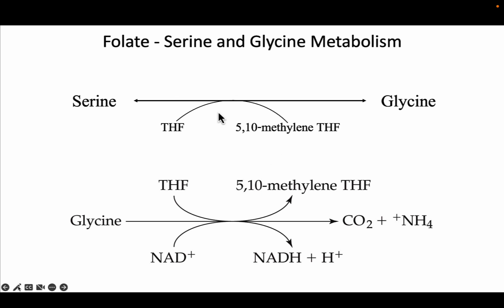So this is where carbon is being transferred. So in serine, it's taking a methyl group from serine and it becomes glycine. And then for glycine to be further broken down, a tetrahydrofolate again will take a methyl group off of it. And so we're basically just chopping up the chain length to make shorter and shorter molecules so that these can then be excreted in urine.